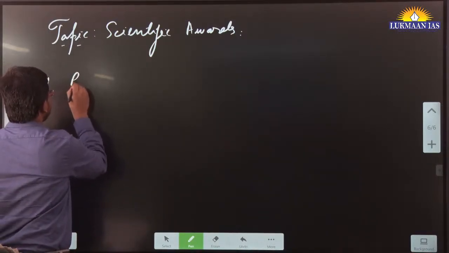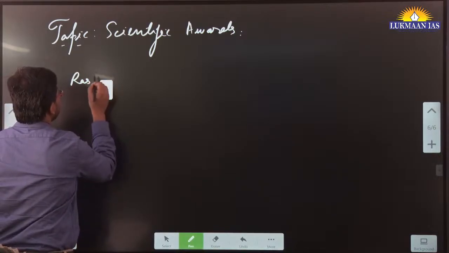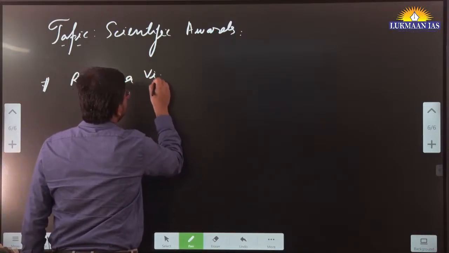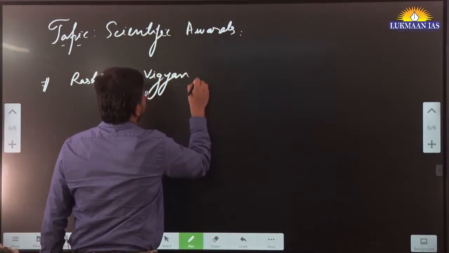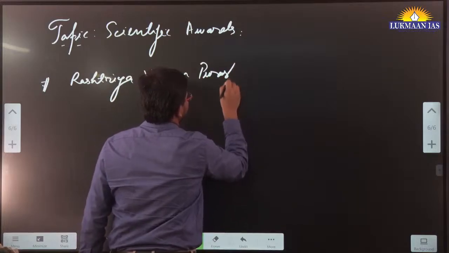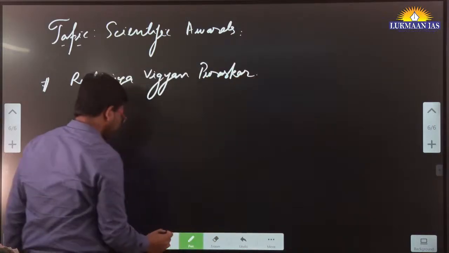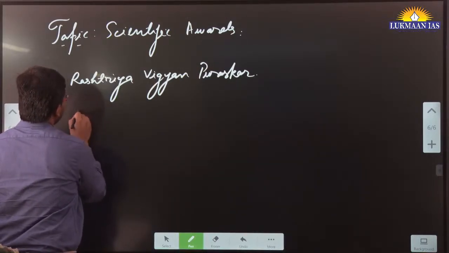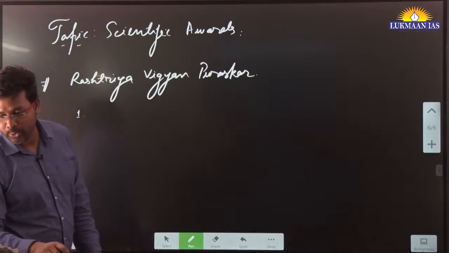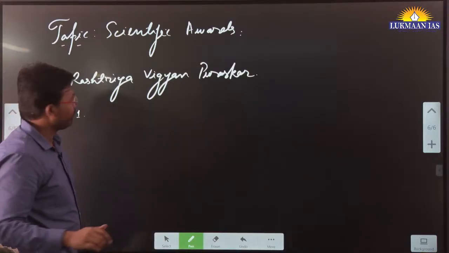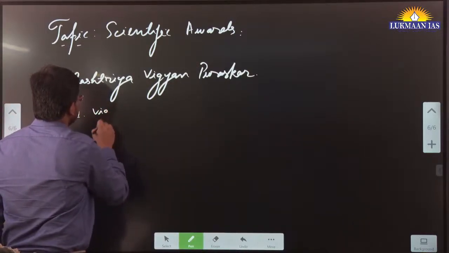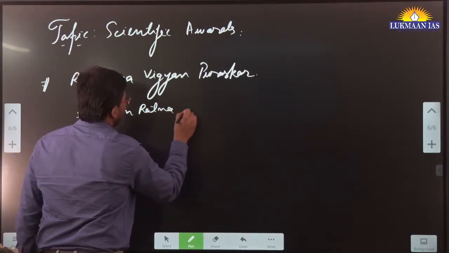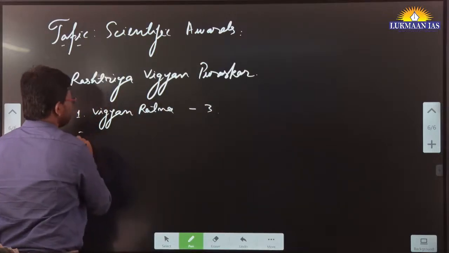These awards are together known as Rashtriya Vigyan Puraskar, and they have categorized these awards into three groups. One group of awards is known as Vigyan Ratna. So there will be three Vigyan Ratna awards.